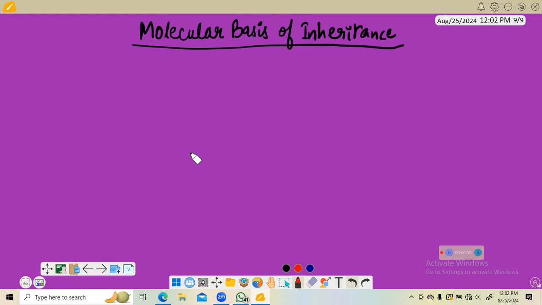Basically, inheritance means heredity, which is genetic and inherited from our parents. Now, how is this genetic material inherited? By DNA. DNA stands for deoxyribonucleic acid.